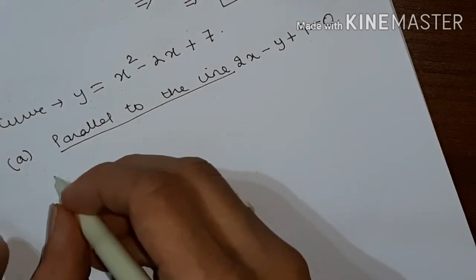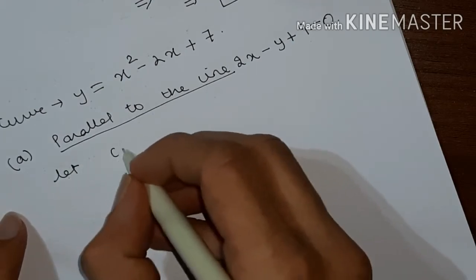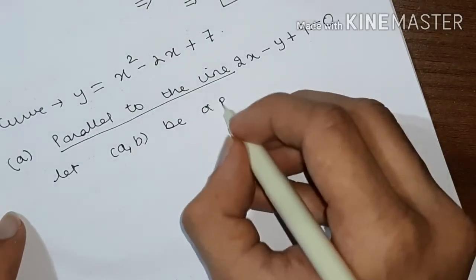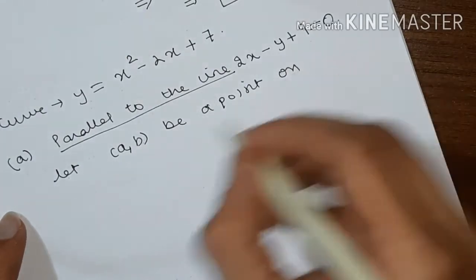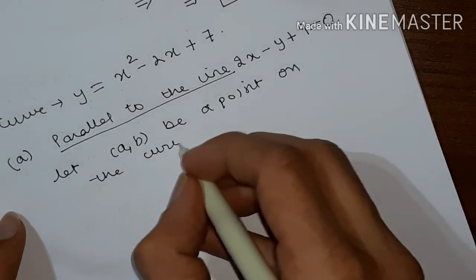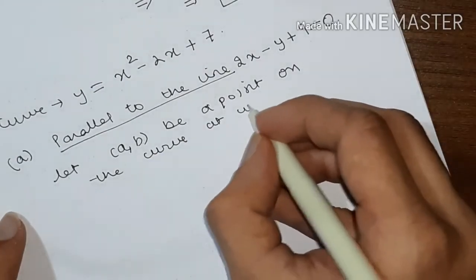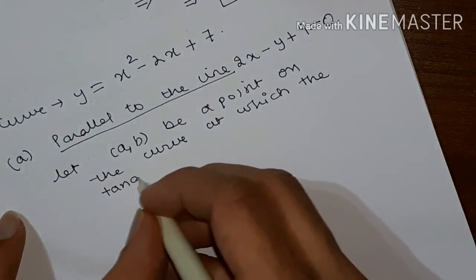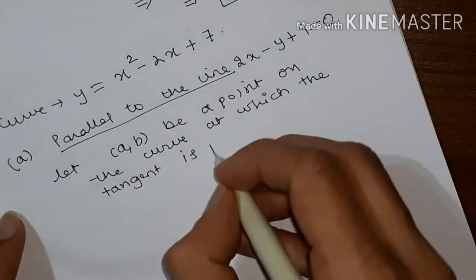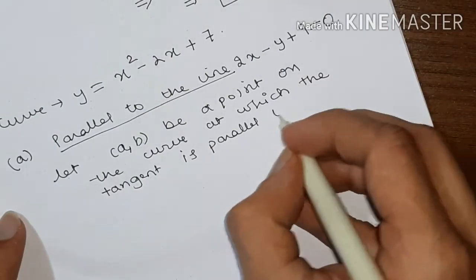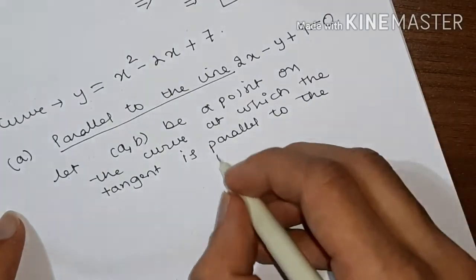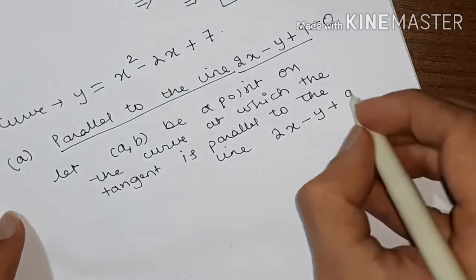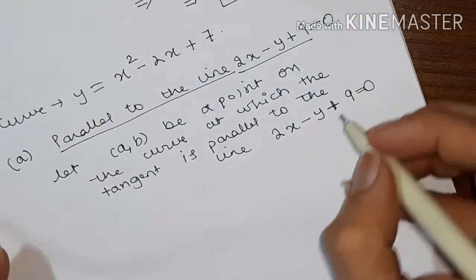So let (a, b) be a point on the curve at which the tangent is parallel to the line 2x minus y plus 9 equal to 0.